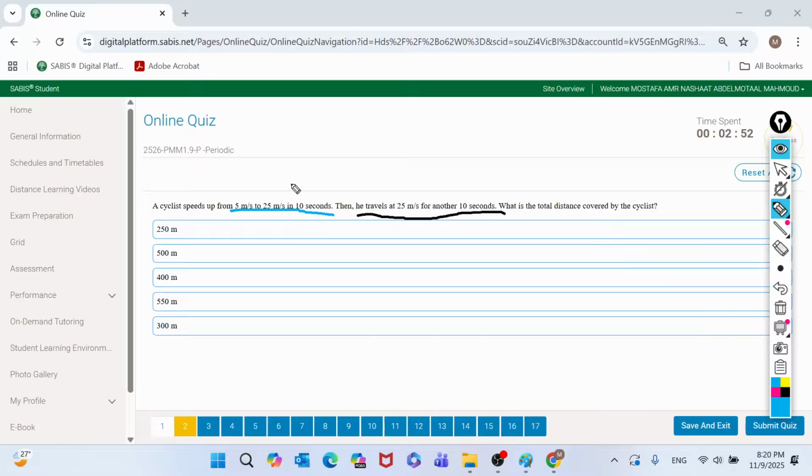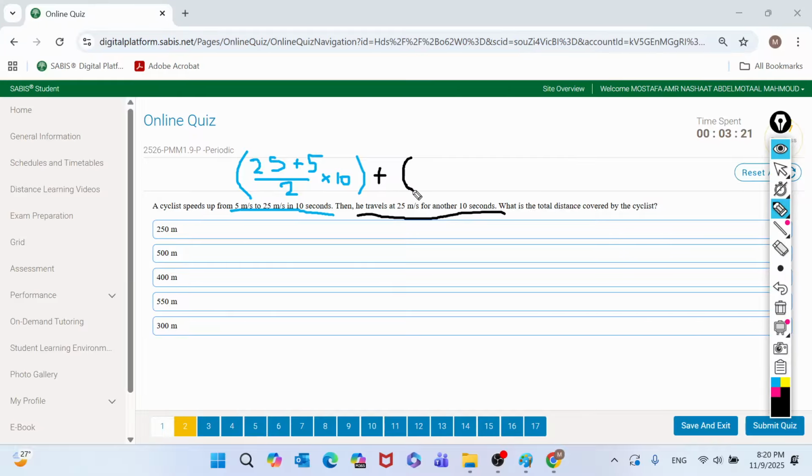For the blue one, we don't have the acceleration, so we're going to use the acceleration-independent equation, which is V final plus V initial over 2 times the time. So this is the first segment.